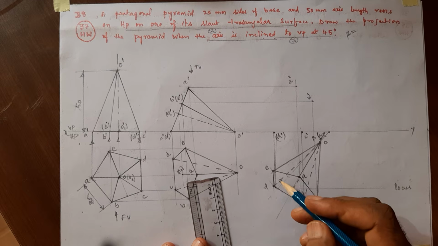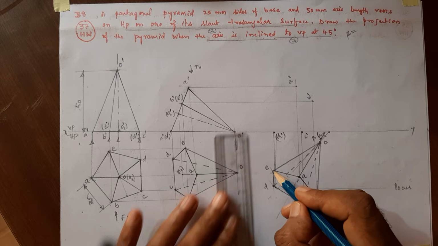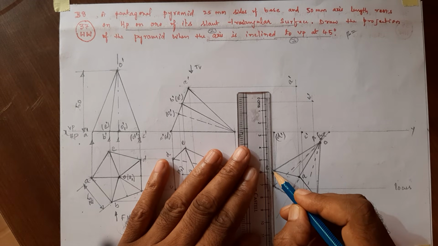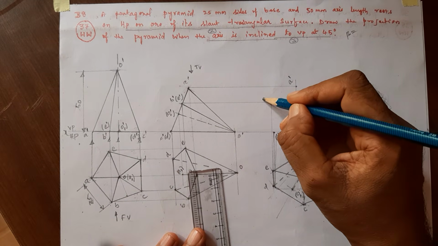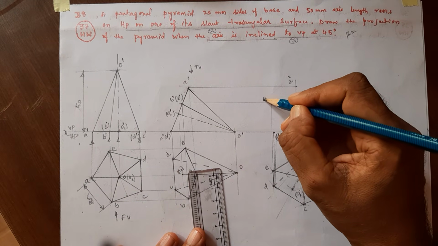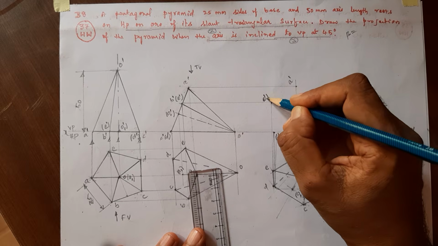Okay, next vertical projector line from the E. Now this is E dash, E dash in the bracket.